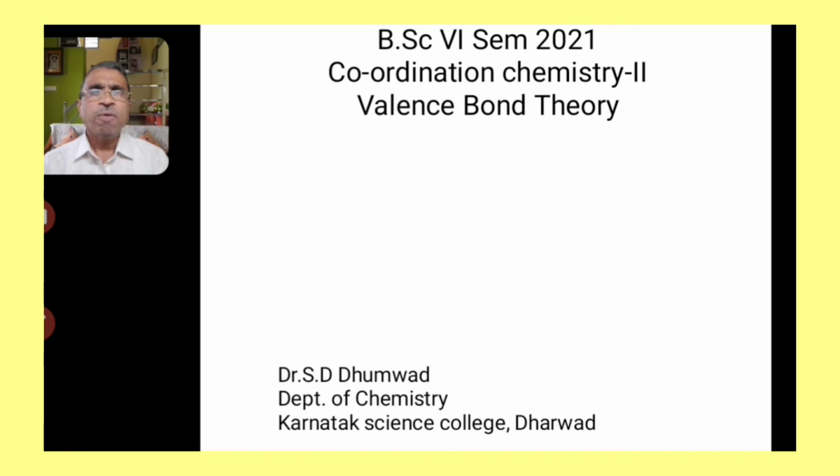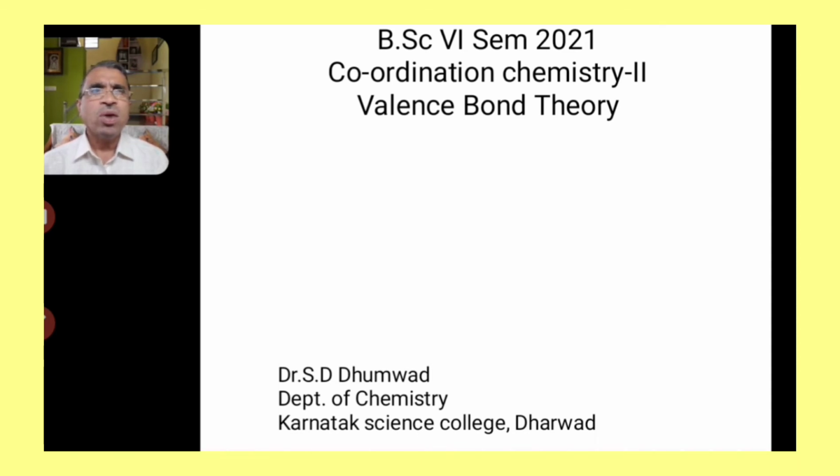Various theories have been proposed from time to time to explain coordination compounds. Among them, the first theory was Werner's theory of coordination compounds. Second is the effective atomic number theory, that is Sidgwick's theory.